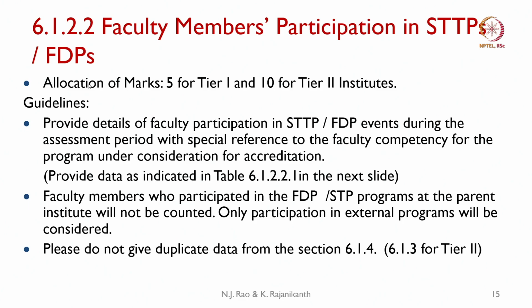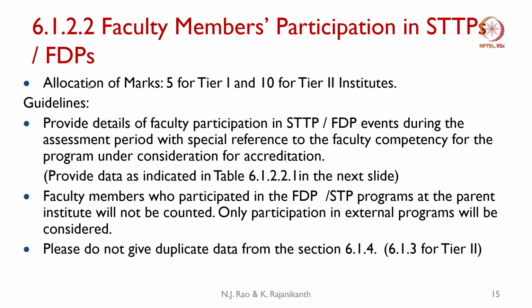So, we are looking at the faculty participating in STTPs or FDPs during the assessment period, and at the faculty members who participated in such events held outside the institute, that is external events. And we are also looking at the relevance of that STTP or FDP to the faculty member's specialization.